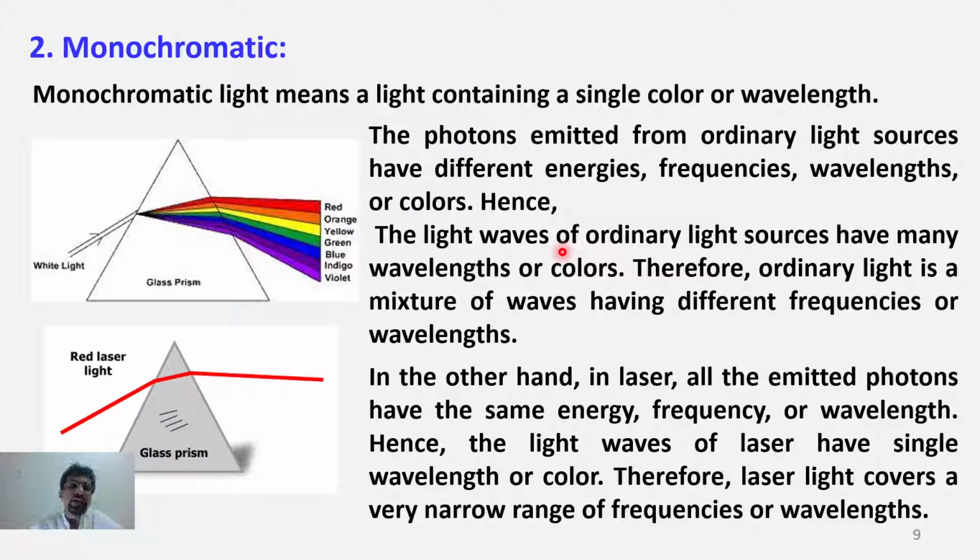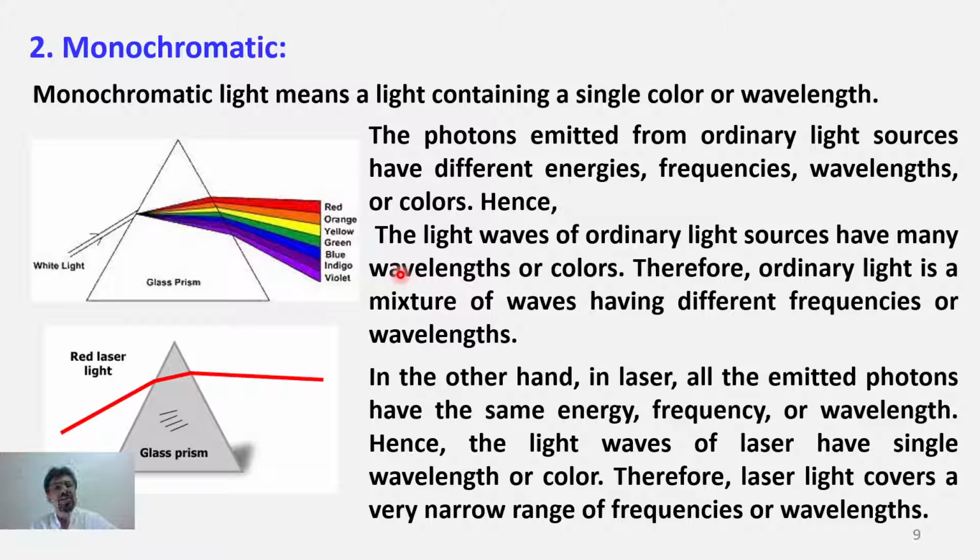We know that the photons emitted from ordinary light sources have different energies, frequencies, wavelengths and colors. The light waves of ordinary light sources have many wavelengths or colors. Therefore, we can say that ordinary light is a mixture of waves having different frequencies or wavelengths.